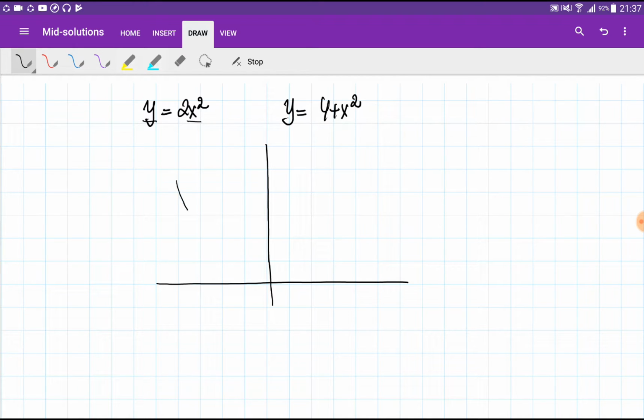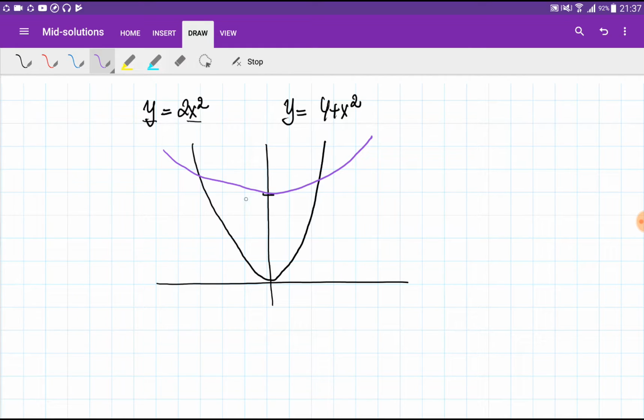So this will be this kind of parabola. It will be stretched vertically, sorry. And the second one is the same as x squared, but I need to shift this up by 4 units. So the second one will be similar to this, like this.